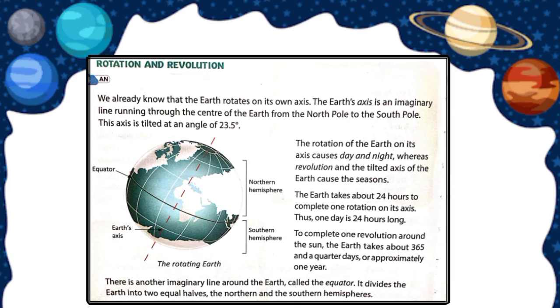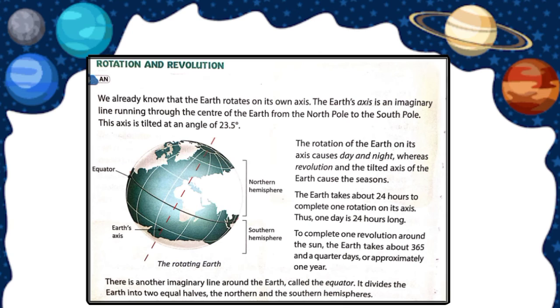This means it is used when one body moves around another, while rotation is used to mean movement around an axis. For example, the moon revolves around the earth and the earth revolves around the sun.